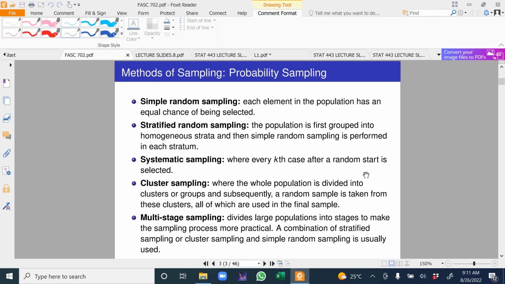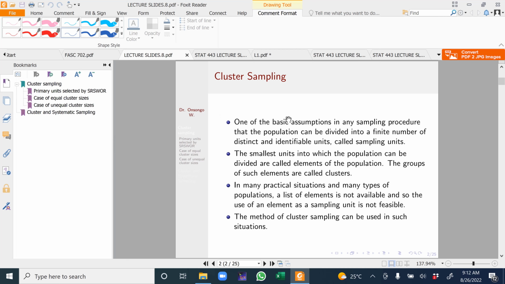So from these heterogeneous subgroups, we now collect data. Now please note the difference between cluster sampling and stratified random sampling. In stratified random sampling, we have a heterogeneous population that we divide into homogeneous subgroups. Cluster sampling is the opposite. We have the heterogeneous population, which we still divide into heterogeneous subgroups. And then from there, we are able to enumerate. So here is an illustration of cluster sampling.